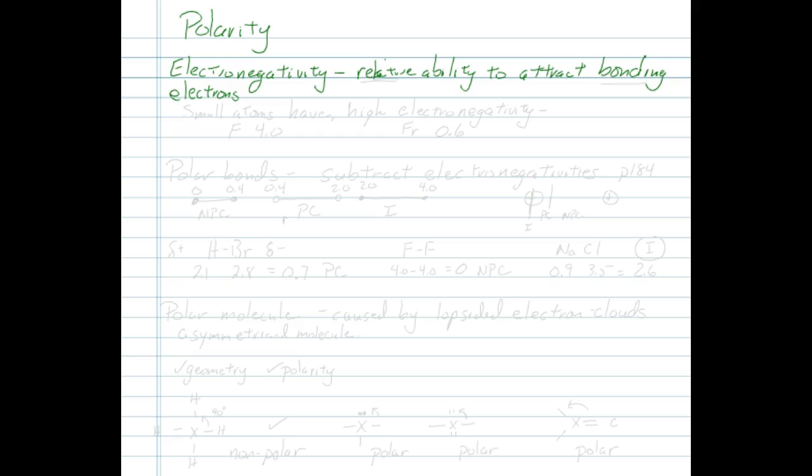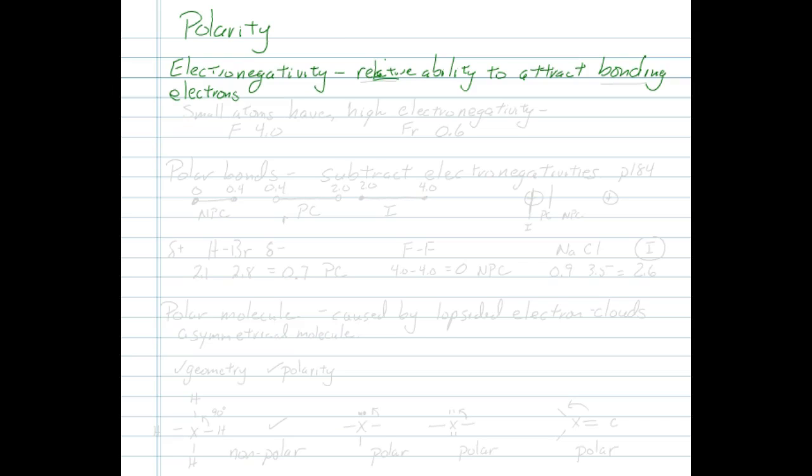It's kind of like electron affinity, but electron affinity is the energy when an atom actually absorbs an entire electron. This is covalent bonding. It's the relative ability to attract the bonding electrons.